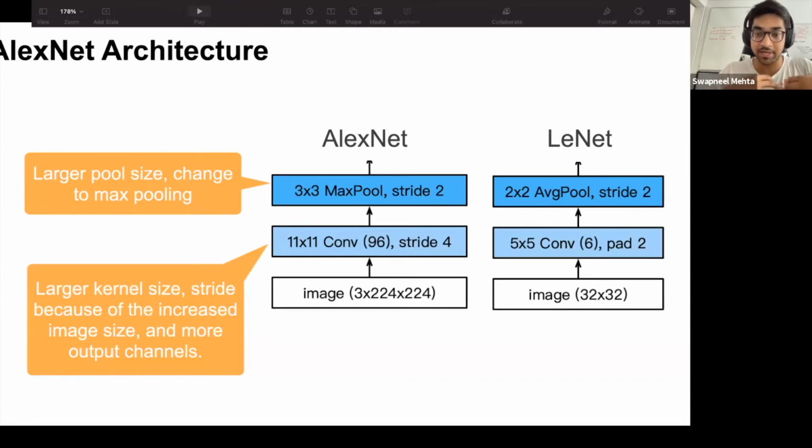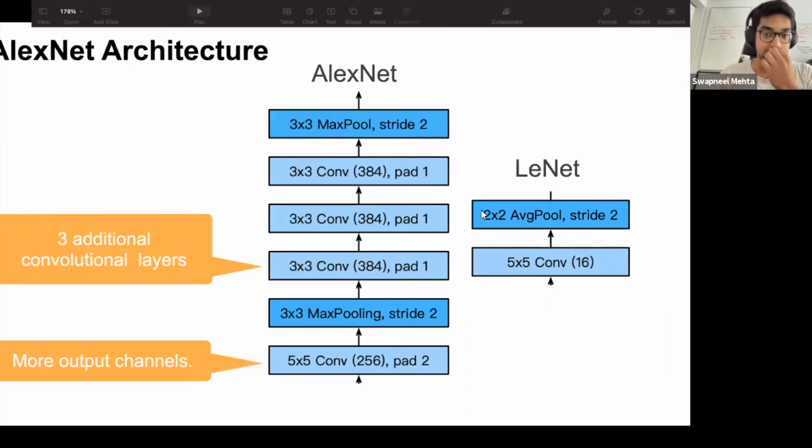Your object might be spread out across a larger number of pixels than if it was just a 32 cross 32 image. So there is some intuition behind this: if you go for higher definition images, kernel sizes should be bigger, and we'll start seeing some interesting patterns as they emerge.